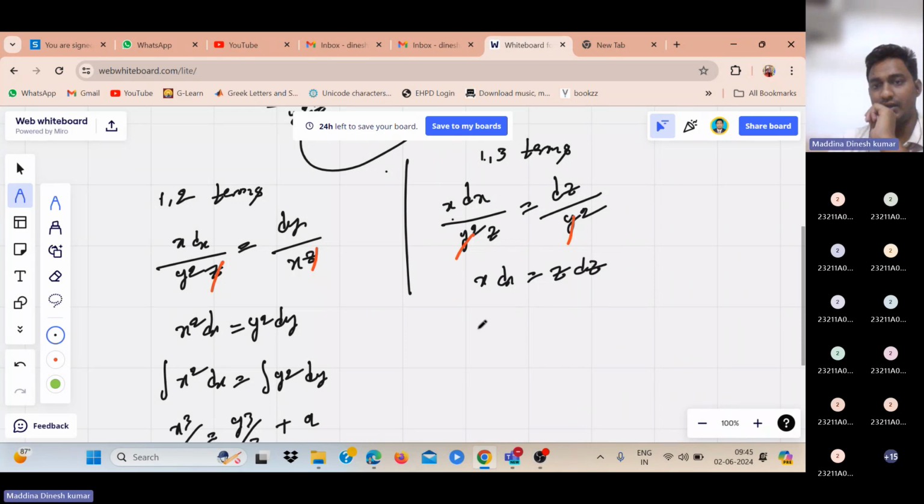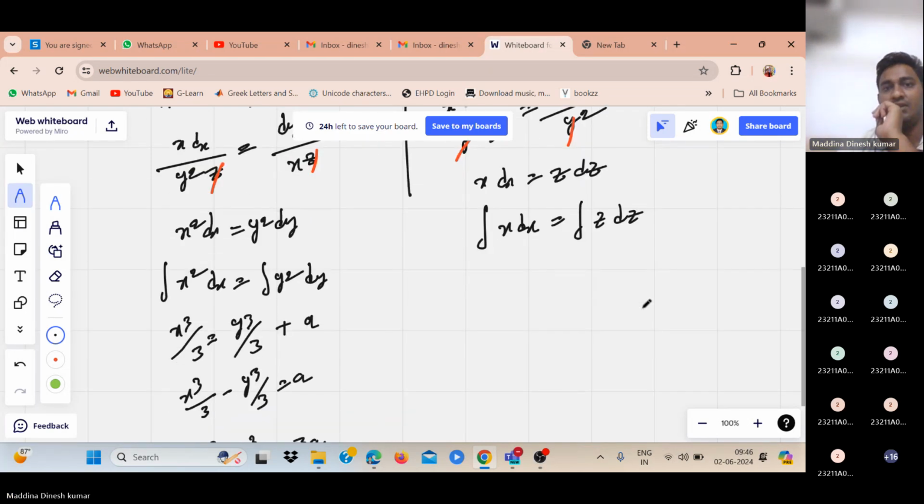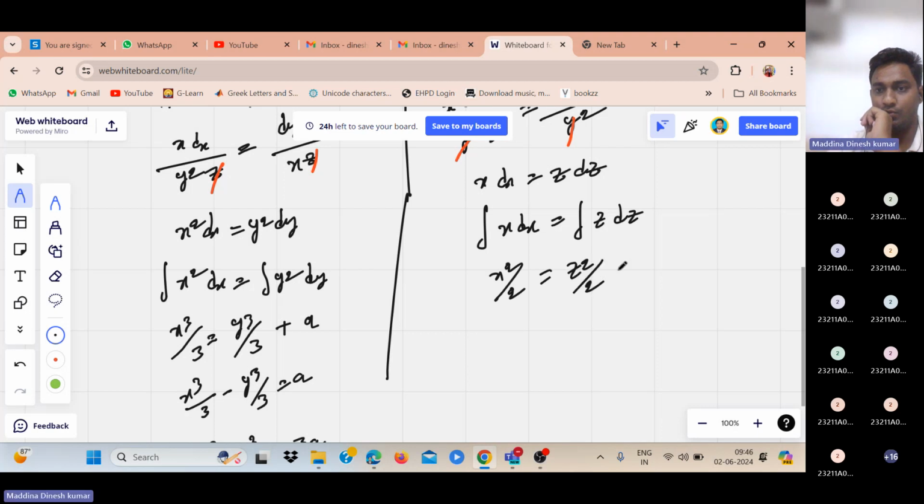Applying integration, you will get integral x dx equal to integral z dz, so x square by 2 equals z square by 2 plus some constant.